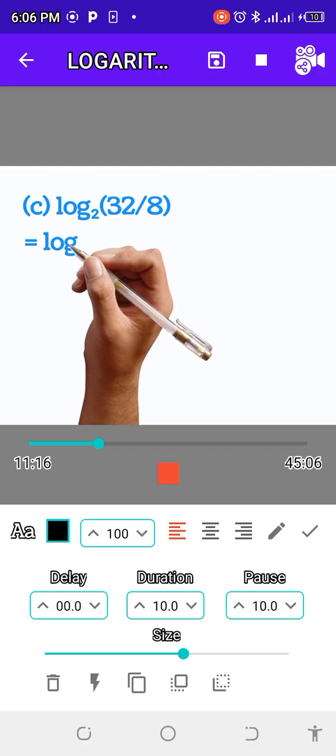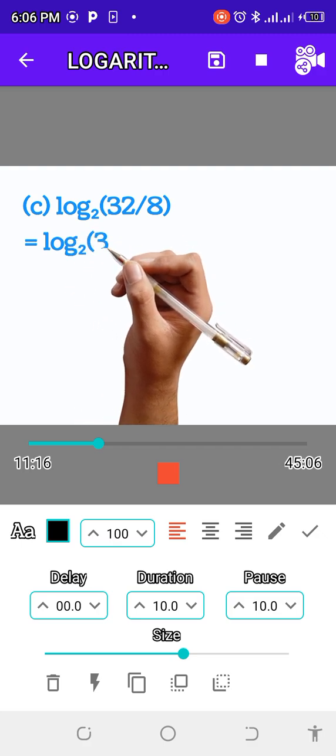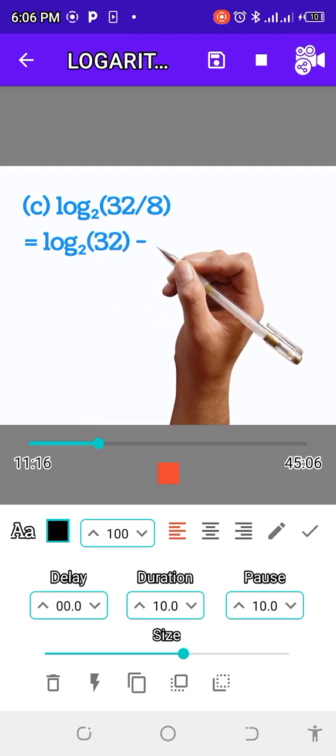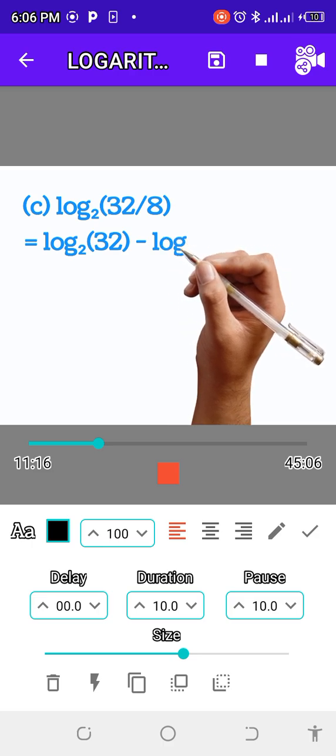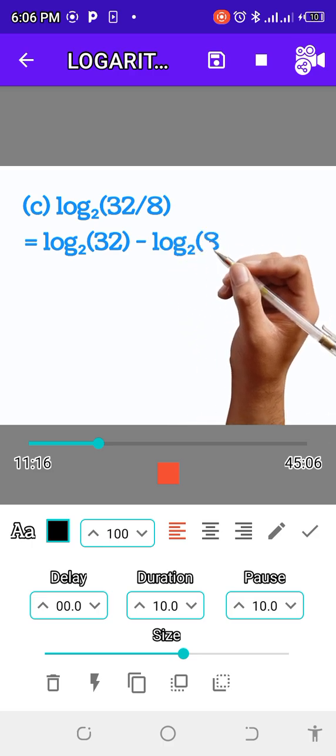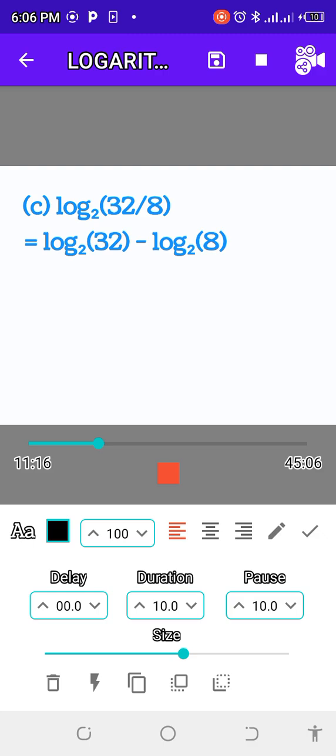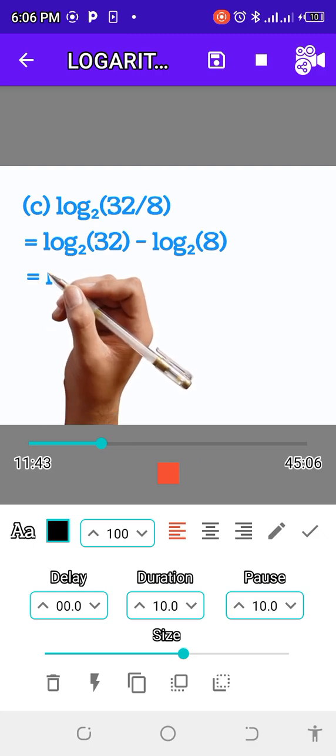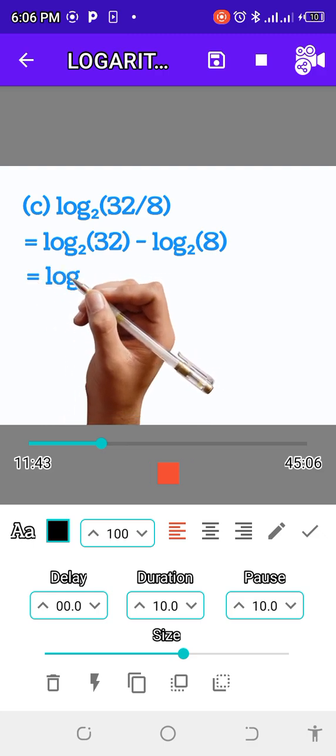So log 32 is the same thing as log 2 raised to power 5 base 2, minus log 2 raised to power 3, all in base 2.